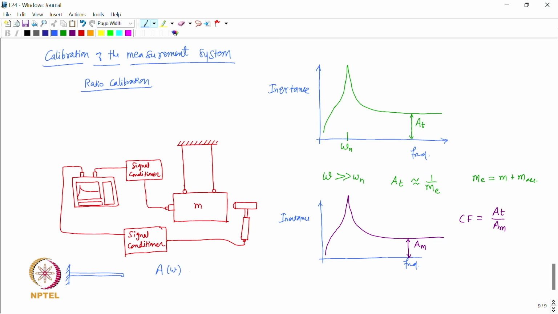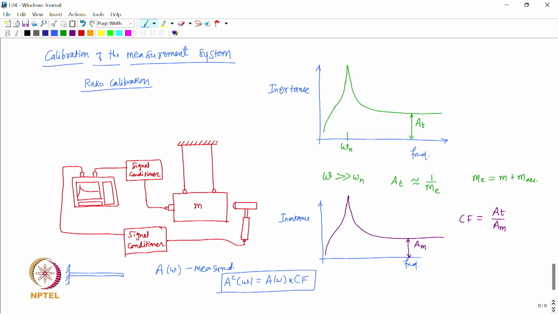So, this is the FRF that is measured. Now, we would correct this FRF using the calibration factor. So, then we can write this as say AC, that is the calibrated FRF, as A omega multiplied by the calibration factor. So, in this way we obtain a calibrated or corrected FRF.